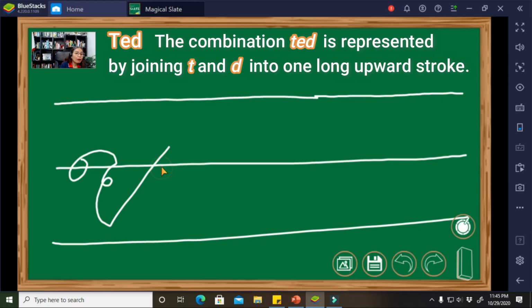Then we do have this one: downward and a small circle, then another downward and a small circle again, and an upward straight line. What is that? Next, we have a big circle and upward straight line, and a downward dip hook and a downward curve and upward straight line. What is that? And then we do have this one.